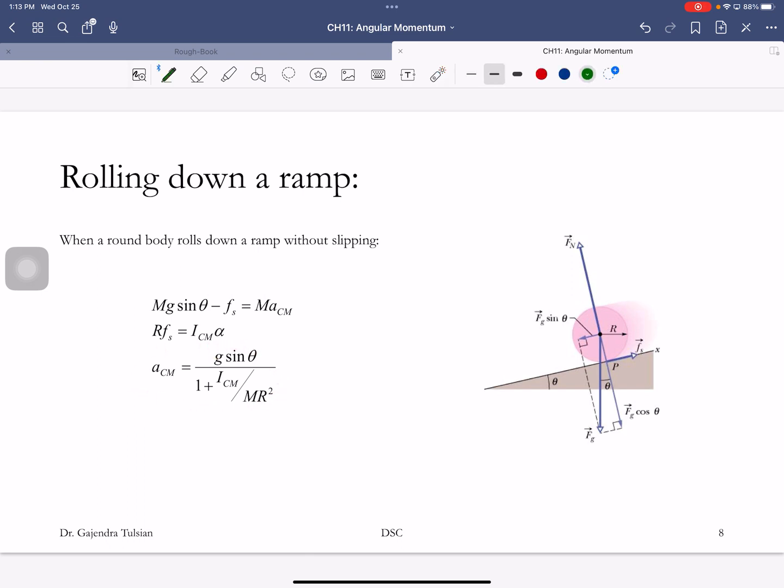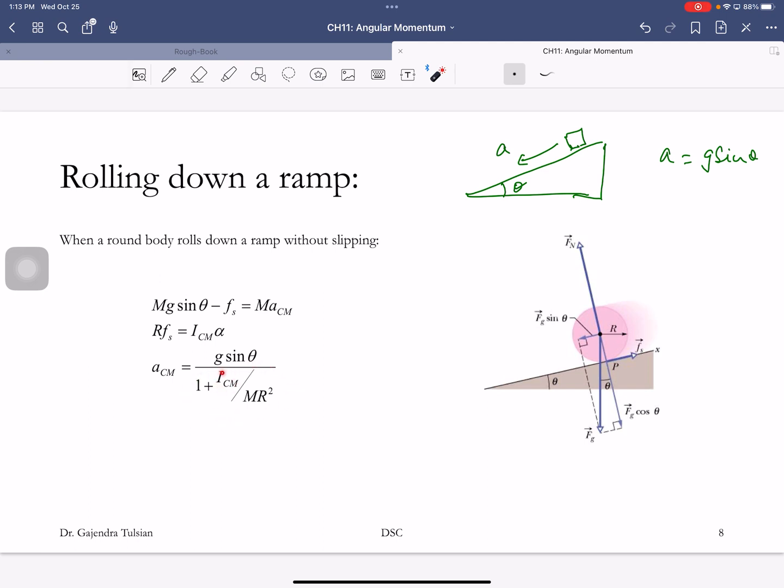Now we'll look at this closely. If you had an ice cube sliding down a frictionless surface, the acceleration of the ice cube would be g sine theta. The acceleration of this wheel that is rolling down is exactly the same, except that it's smaller by that factor.